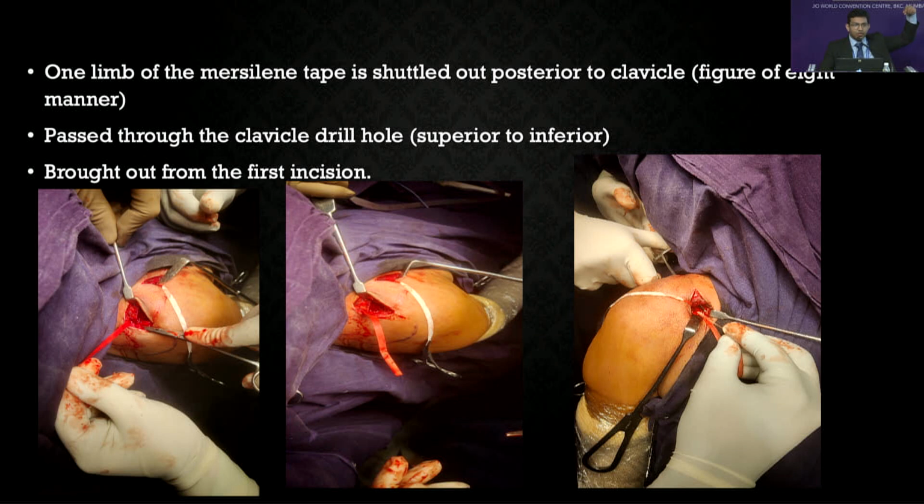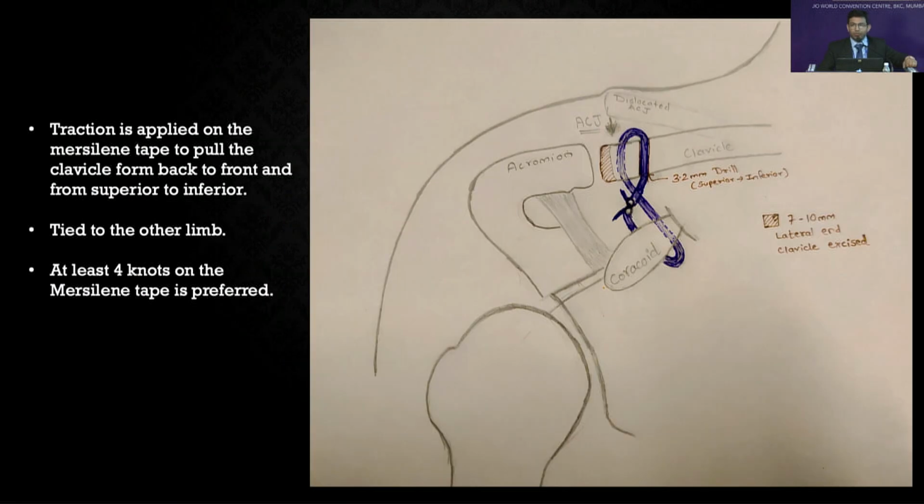Then it is passed through the tunnel we have made, and it is brought back from beneath the coracoid process. Traction is applied to that muslin tape, and it pulls the clavicle from back to front as well as from superior to inferior, thus reducing it in both vectors. Then it is tied to the other limb, and we prefer at least 4 knots.